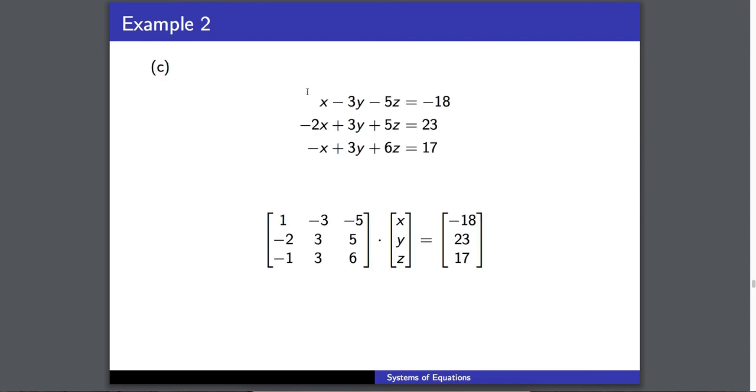If we plug each of those 3 values in for x, y, and z in each of these equations, all three equations will come out to be true statements, where the left and right sides both come out to be the same numbers. So in the first one, the left side would be -18. The second one, the left side would come out to equal 23. And the third equation, the left side would come out to equal 17.